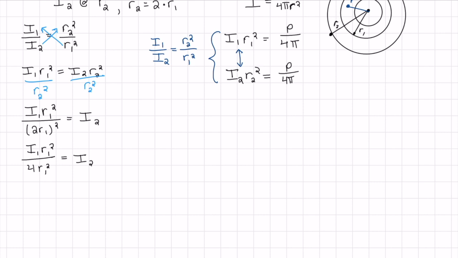We get the R squareds canceling. And then we can just do 10 to the minus 4 over 4 equals I2, which would be 2.5 times 10 to the minus 5 watts per meter squared.